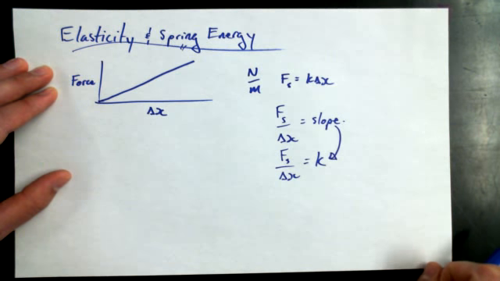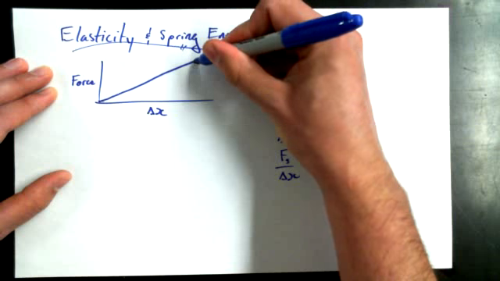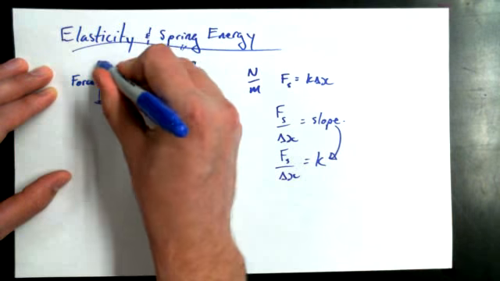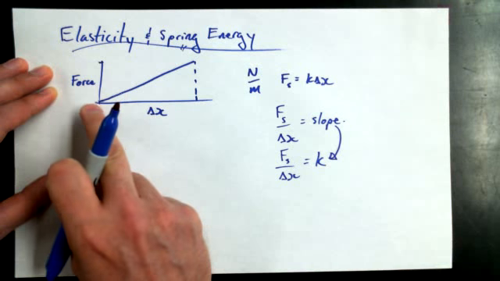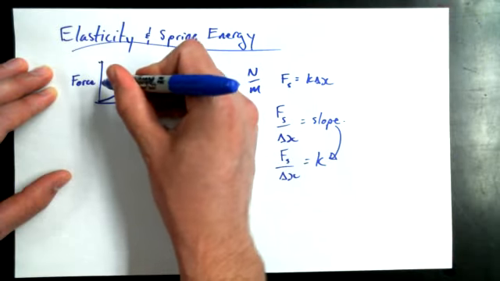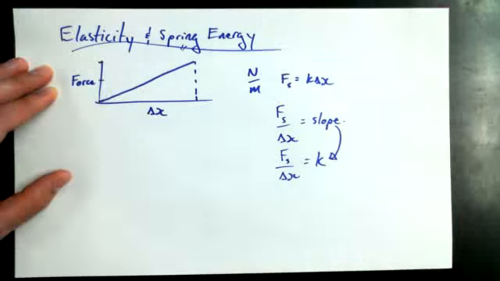And now here's the other neat thing about this graph. You know how in kinematics we spent some time finding the areas underneath graphs? Let's find the area underneath this graph. I would talk about the maximum force and the minimum force. But if I had a maximum force and a minimum force, I could talk about an average force. Why not?